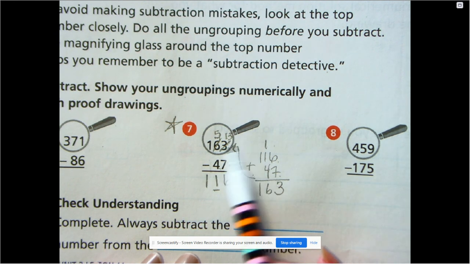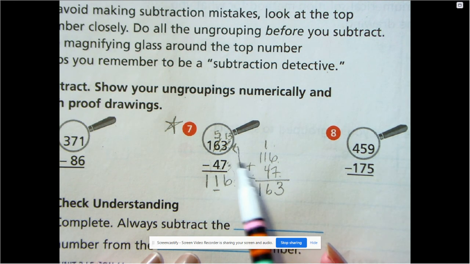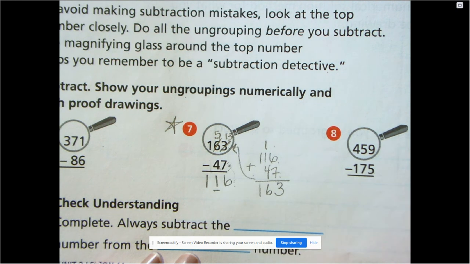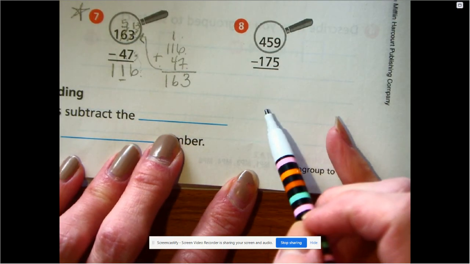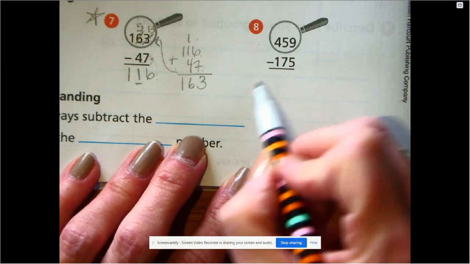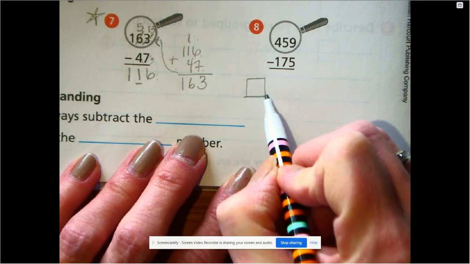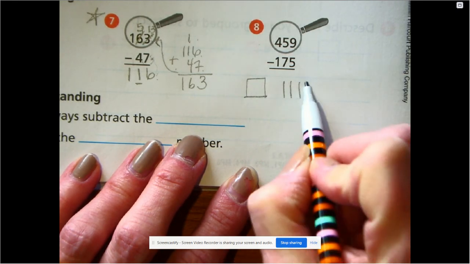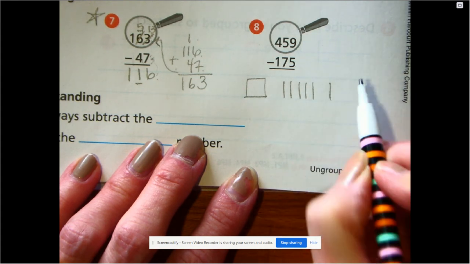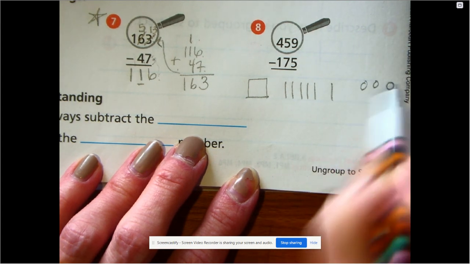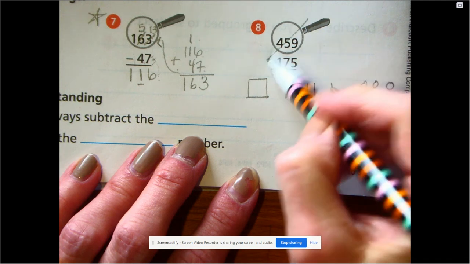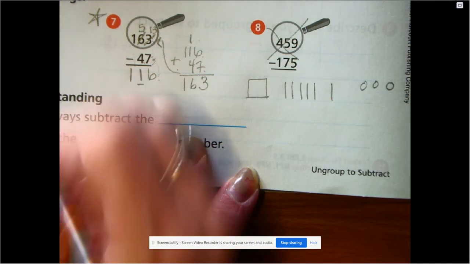Let's draw a picture, a proof drawing of what we just did. We started with 163. So let's move over here to this space. I'm going to draw a place value drawing of 160 and 3 ones. We're not going to do this one or number 6.